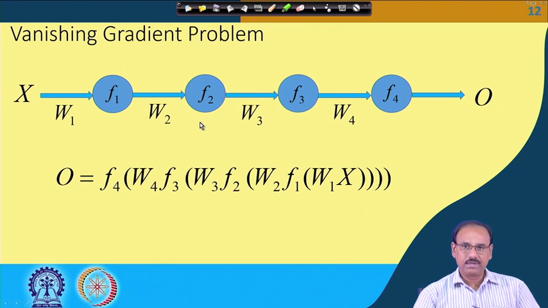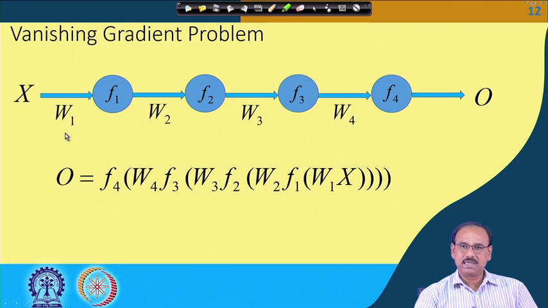Similarly, the connection weight to the first layer is W1, the weight between the first layer and the second layer is W2, between the second and third layer is W3, and between the third and fourth layer is W4. Finally, I have the output from the fourth layer nodes. For simplicity, we have assumed that all these are scalars.